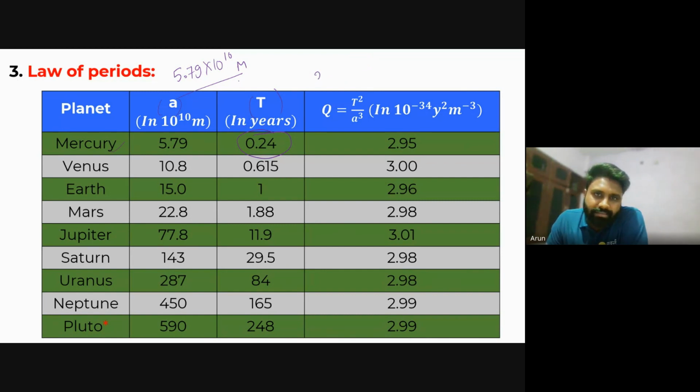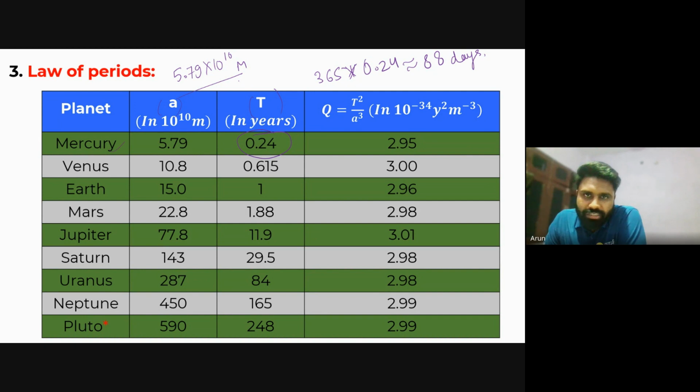If you multiply this with 365, you have the exact idea of how many days Mercury will take to complete one revolution, and it is nearly about 88 days. Got it? And Mercury is the planet which completes its revolution faster than any other planet present in the solar system.